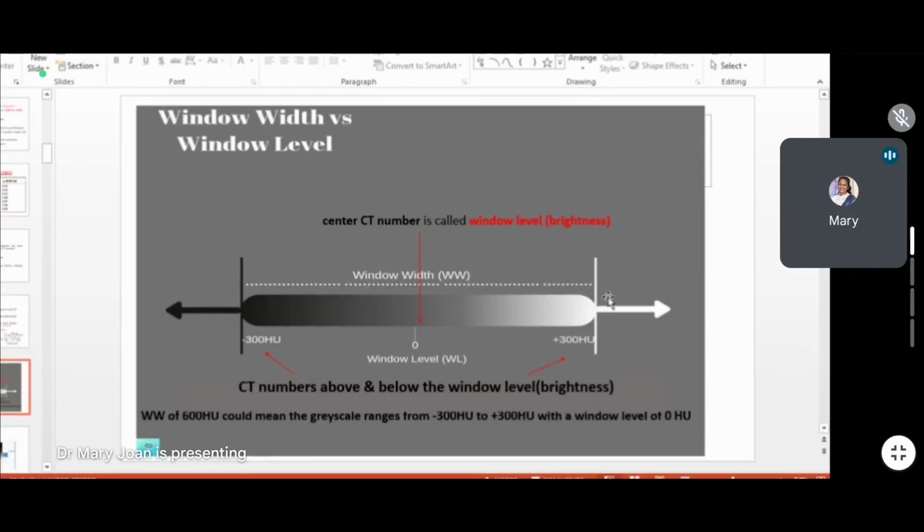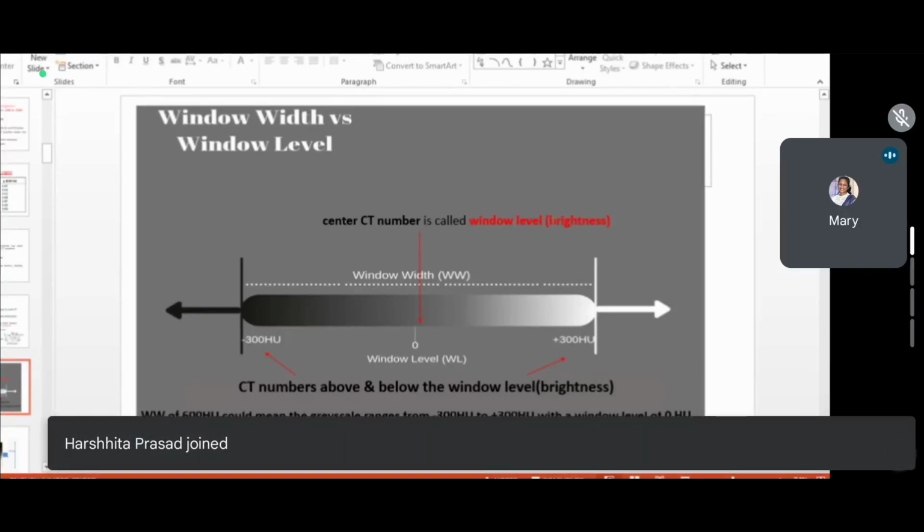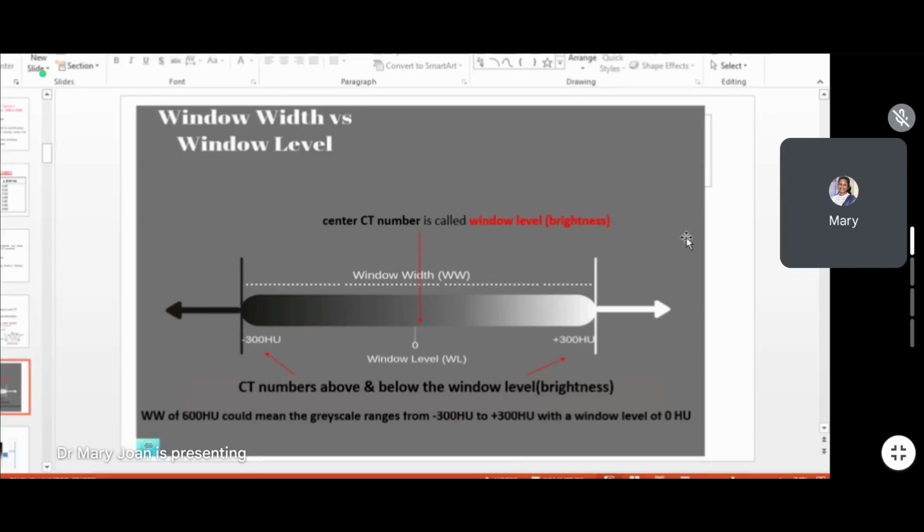Plus 300 is brighter and minus 300 is darker, and the center is representative of the brightness of that particular window. A window width of 600 HU could mean the grayscale ranges from plus 300 HU to minus 300 HU with a window level of 0. So that is what is represented here.